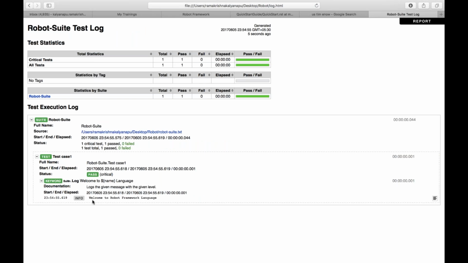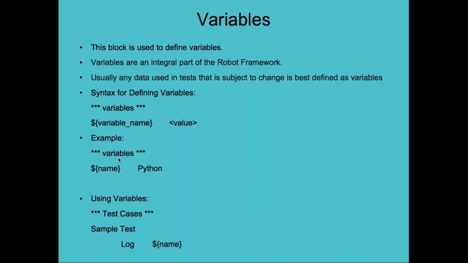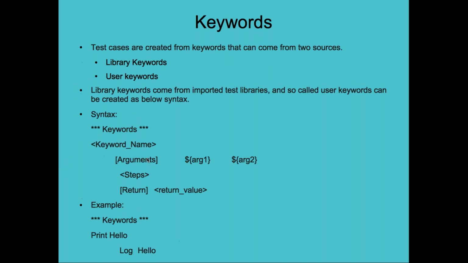You can see here: welcome to Robot Framework language. So like that you can use variables in test steps. That is the use of variables.